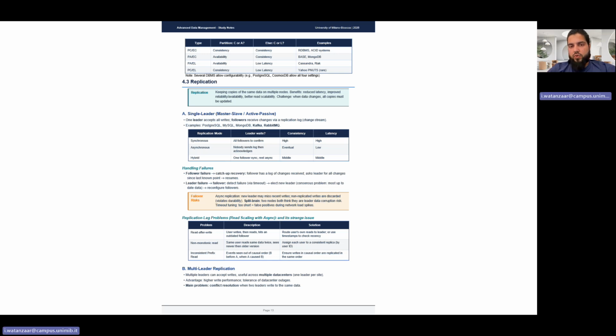Then leader failure. This is the method through which we recover from the failure. We detect the failure using a timeout. Electing a new leader causes problems, and the new leader must be the most up to date. Then we reconfigure followers. If the leader does not respond after a certain time, we assume the leader has failed, so we elect a new leader.